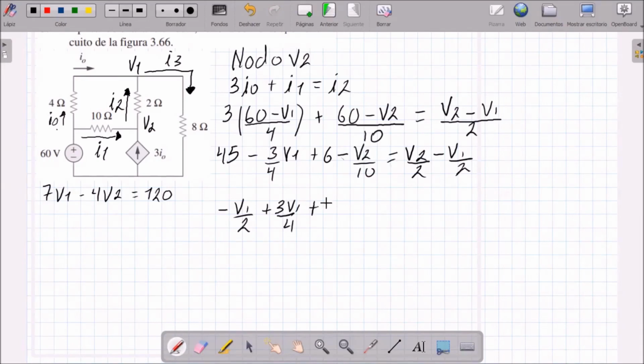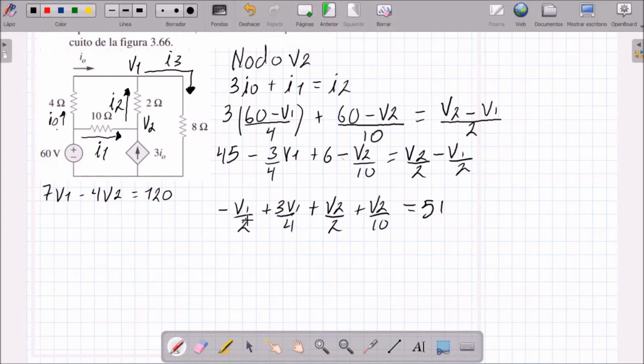The other would be B2 plus B2 over 2, which would be this same one. The sign does not change because it is already there. And I pass this negative to the other side, it would be plus B2 over 10, equals 45 plus 6, there would be 51.